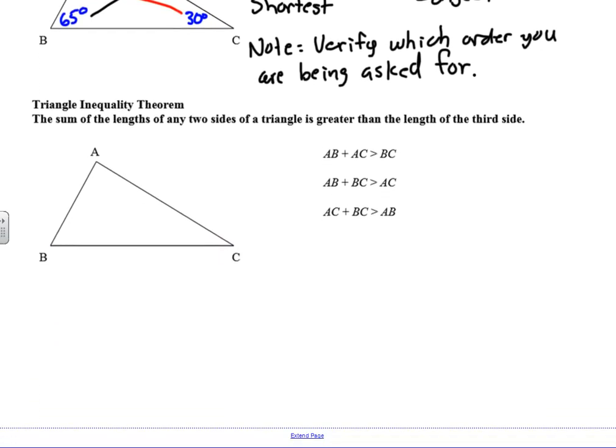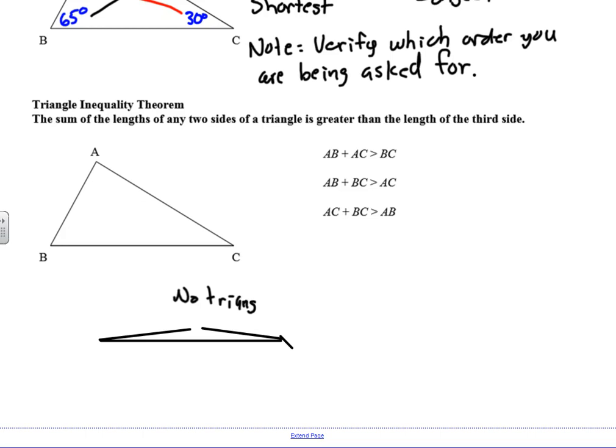All right, and then the triangle inequality sum. The sum of the lengths of any two sides of a triangle is greater than the length of the third side. I just want to demonstrate this to you. If this is our triangle here, and this side is really, really short, well, if those sides don't touch, then there's no triangle.